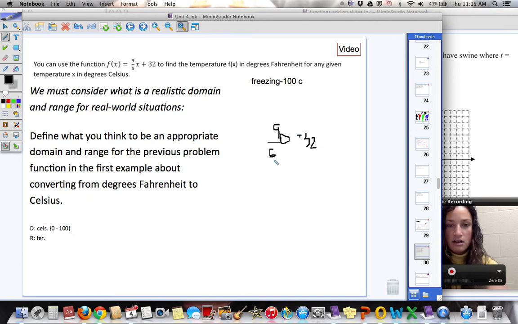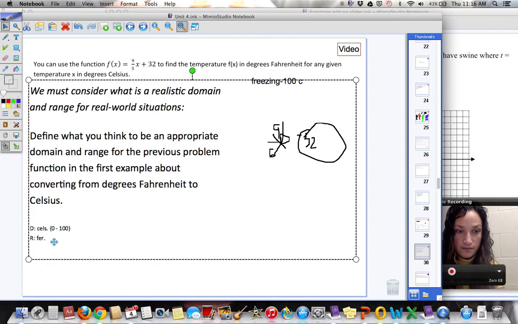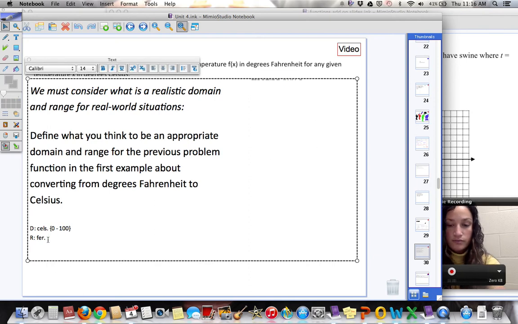Well, 9/5 times 0 is 0, which means my range starts at 32. So I plugged in this first number for X to figure out what it starts at.